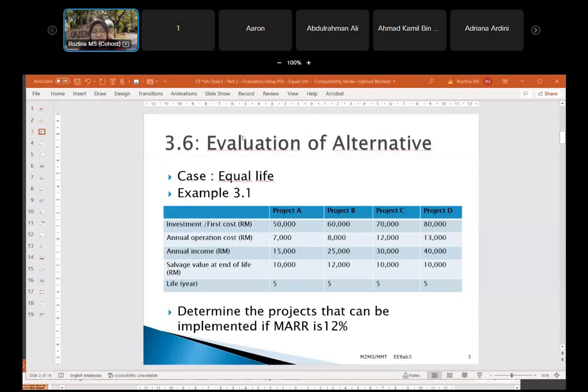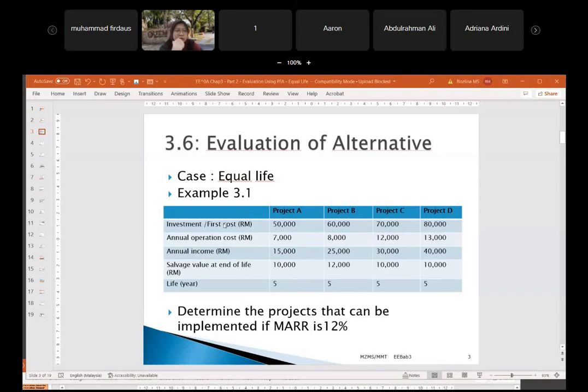Okay, Muhammad Firdaus, what is annual? Since the name is annual, annual means per year. So, annual operation cost is operation cost per year.